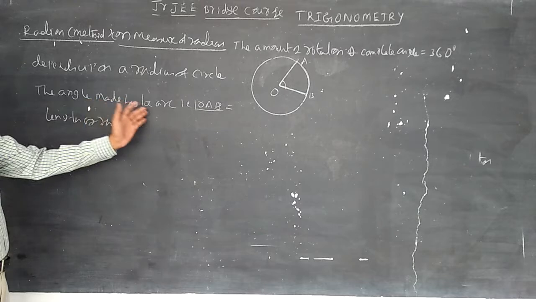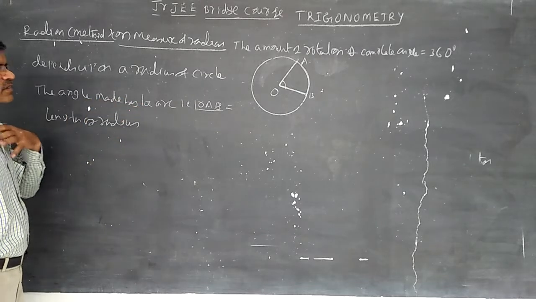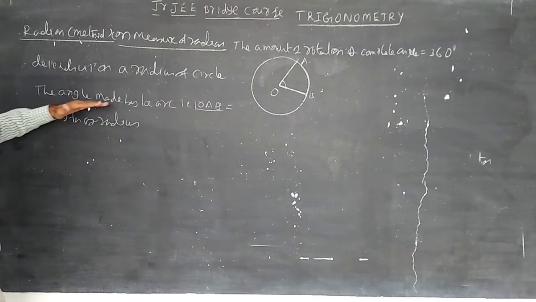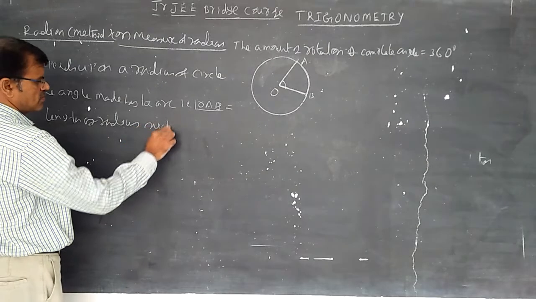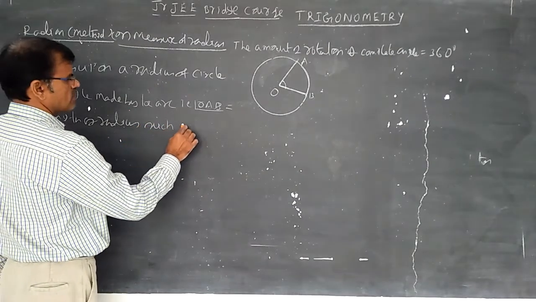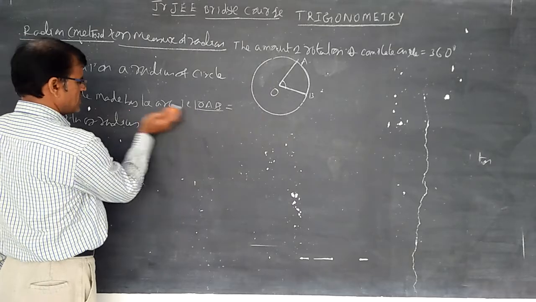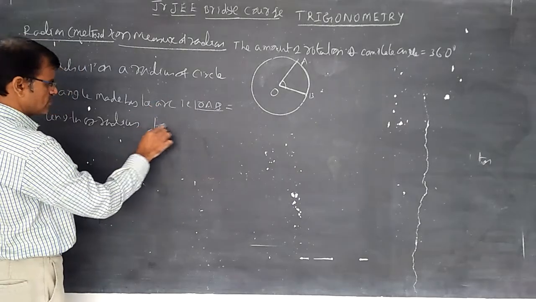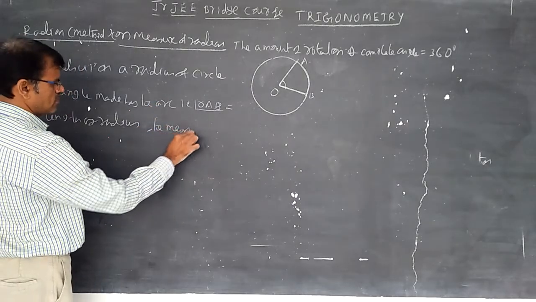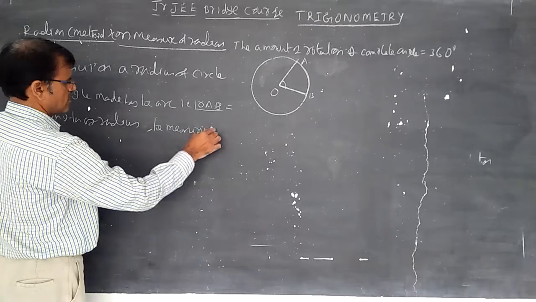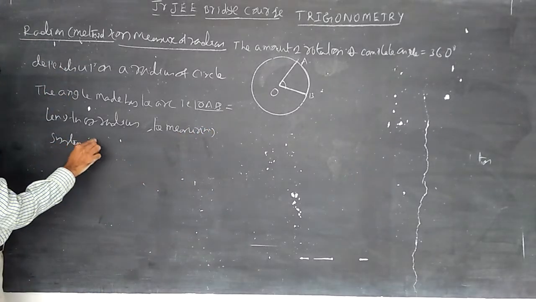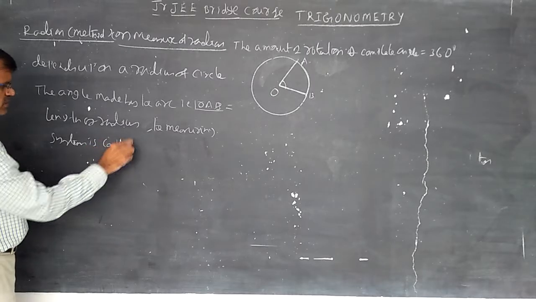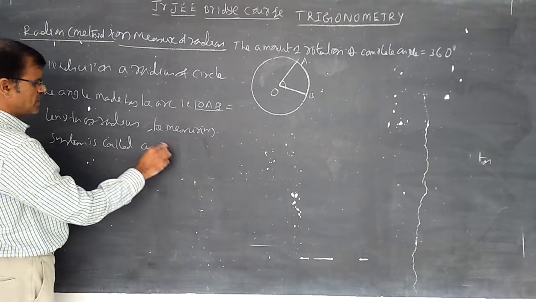Whenever the arc is equivalent to the length of the radius, the measuring system is called the radian method.